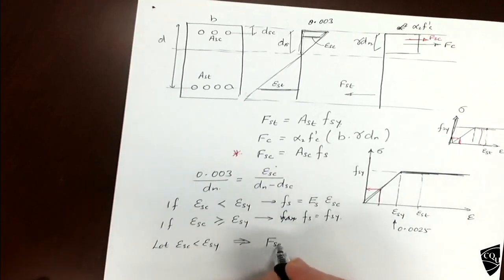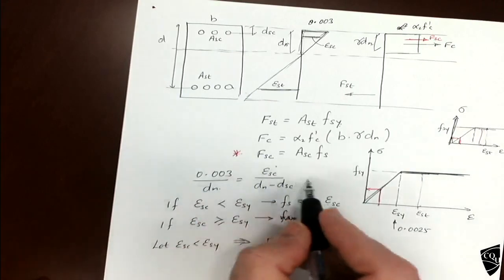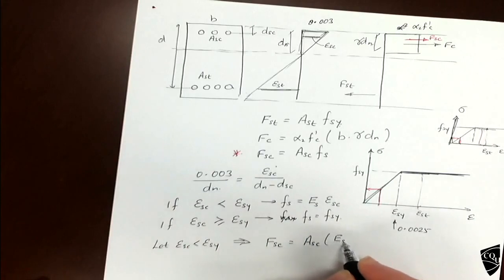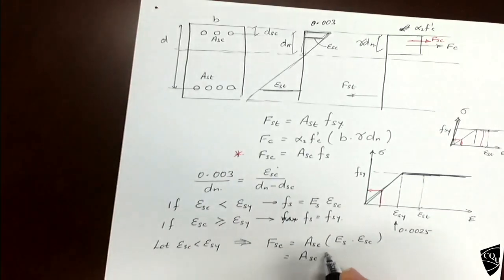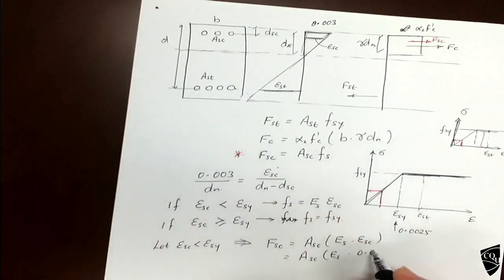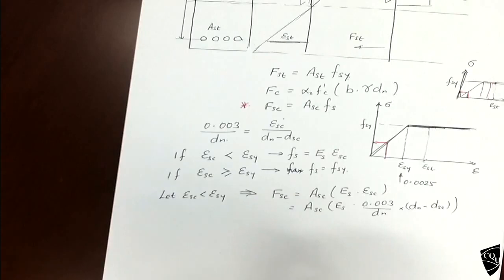So Fsc times 0.003 if you put it here. Now this is the only extra term in the doubly reinforced section.